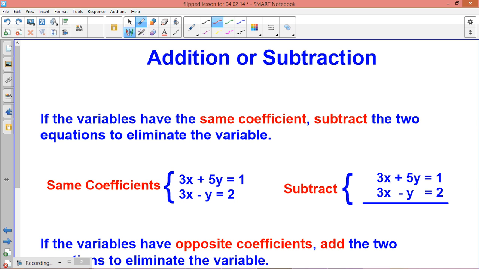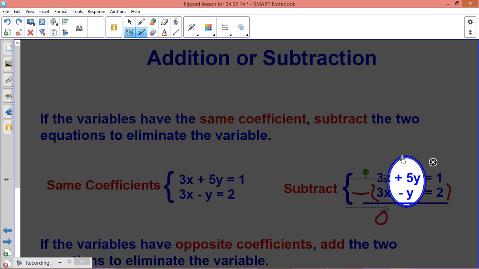So look what happens. I subtract, and I have to put parentheses because what I'm really doing is subtracting everything. So when I subtract everything, I get 3x minus 3x gives me 0. But then you have to realize, what am I doing right here? I am subtracting a negative.